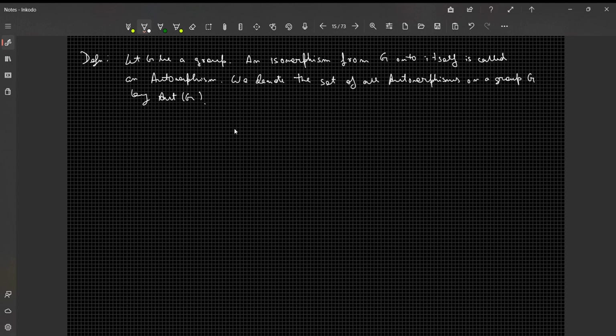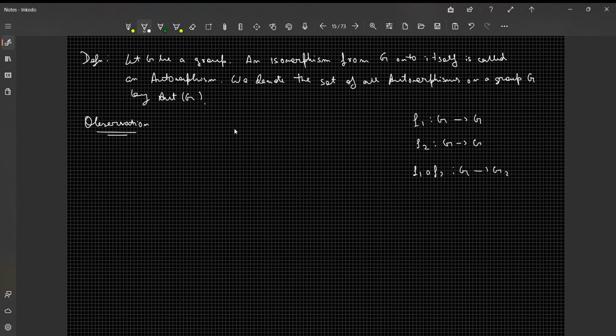Let us straight away start with a proposition which helps us understand the concept of automorphisms better. First, an observation: if you take any bijective mappings, let us suppose F1 is a mapping from G to G, F2 is again a mapping from G to G, both bijective, then F1 composed with F2 is also a mapping from G to G, and it's again bijective.